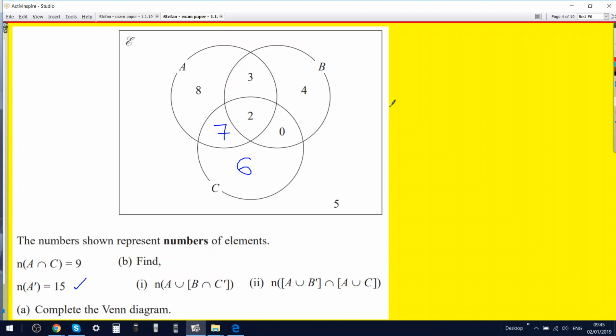So I think for the A bit, it'll be like 8 and 3. And so, wait, can I include 2 and 7 because it's not part of the B and C bit? So I would do the bracket bit first. So let's say, what are the elements of B? 4, 0, 2, 3. Okay. And how about this bit, the not C?